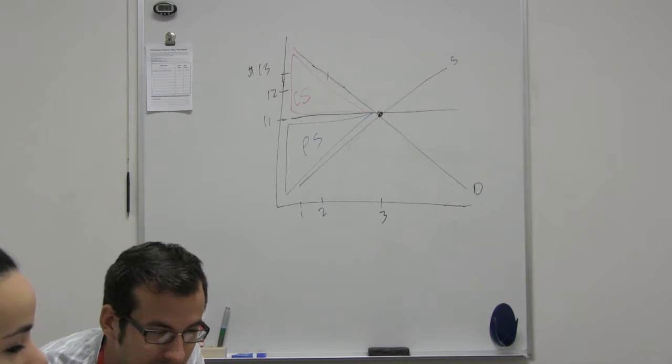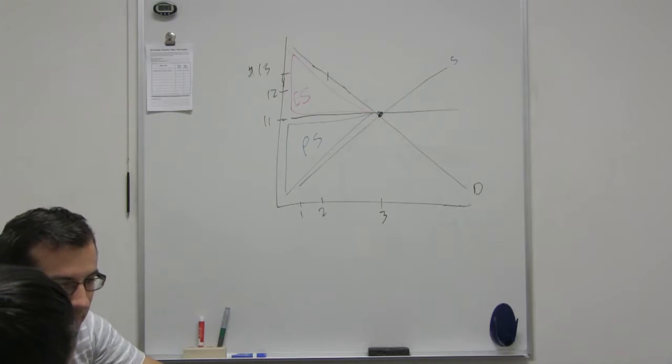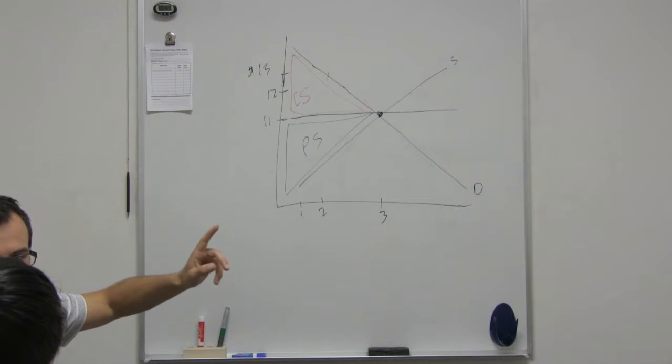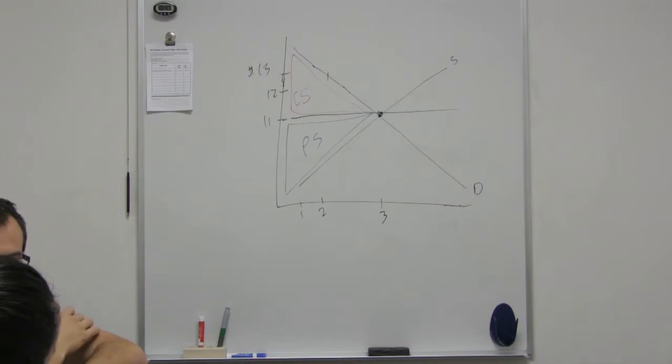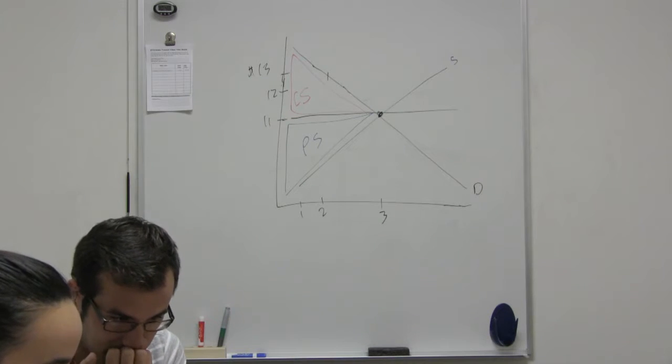No, it's this area right here. Have you ever seen it in a graph like this where you had to calculate it by finding the area? I thought that I had to on the test.